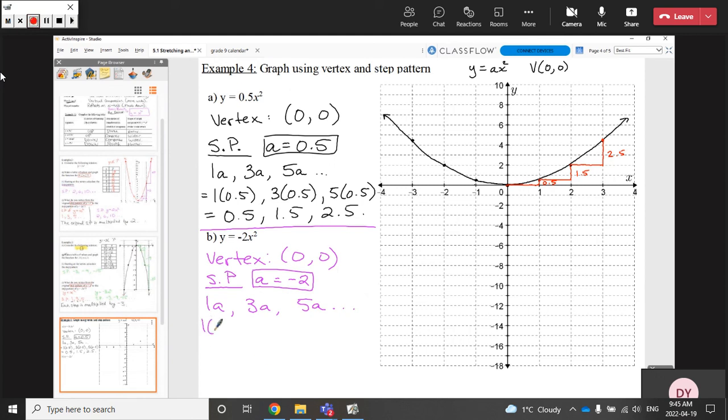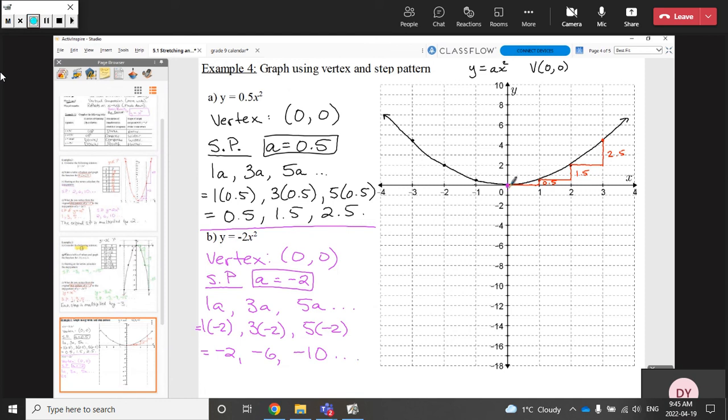So it's really 1 times -2, 3 times -2, 5 times -2. And we'll get negative 2, negative 6, negative 10. So that becomes our new step pattern from the vertex, of course.